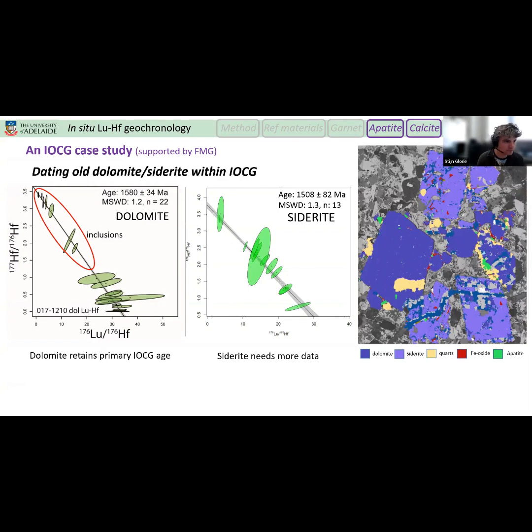It's still in agreement with the expected age, but it's probably slightly too young. So we need a bit more work on that. My expectation is also that we're using a calcite to calibrate a siderite, which is maybe not appropriate. So we might need to find siderite calibration standards in the future to make this work better. But in any case, it looks like the carbonates can be used to date this particular ICG system and that fluid.